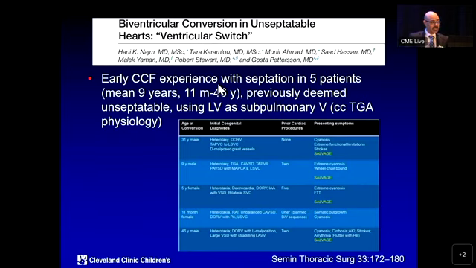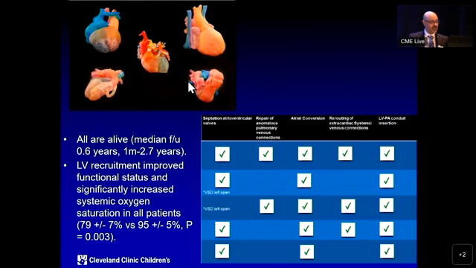But we looked at the early experience with septating 5 patients previously deemed unseptatable, in this case, placing the left ventricle in subpulmonary position and therefore achieving what we call CCTGA physiology. And the anatomy is shown here. We definitely use 3D modeling and printing for all of them.